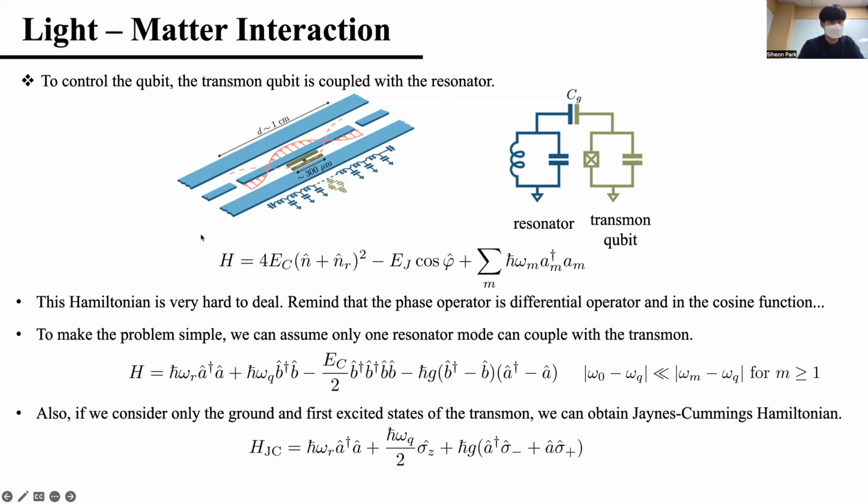So this Hamiltonian is a little bit complex, but I want to talk about that. The transmon and circuit can interact, and by controlling the circuit, you can control the transmon qubit. This is just the take-home message.